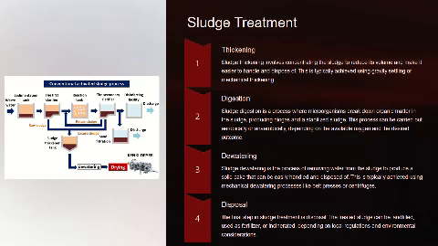The third thing is dewatering. Sludge dewatering is the process of removing water from the sludge to produce a solid cake that can be easily handled and disposed of. The fourth thing is disposal, and that is you want to throw the sludge away, right? The final step in sludge treatment is disposal.